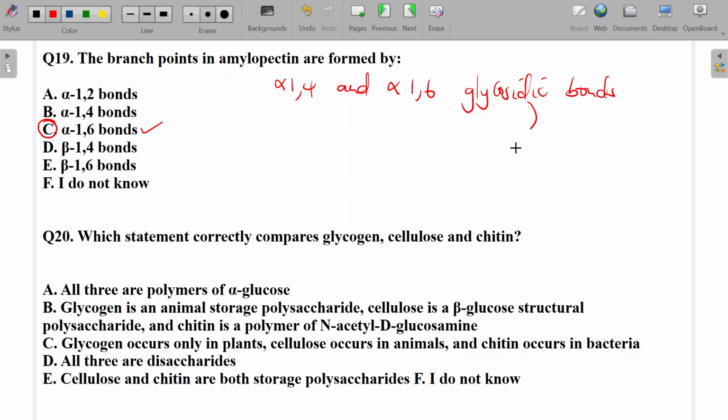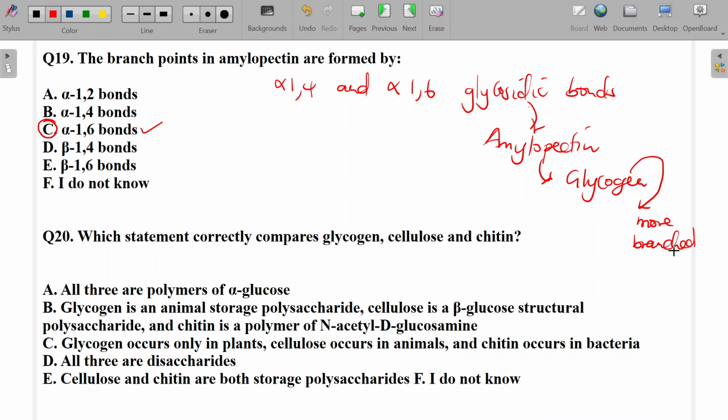So don't forget that amylopectin is also similar to glycogen. But the difference is that glycogen is more branched. So this is something that you need to know.